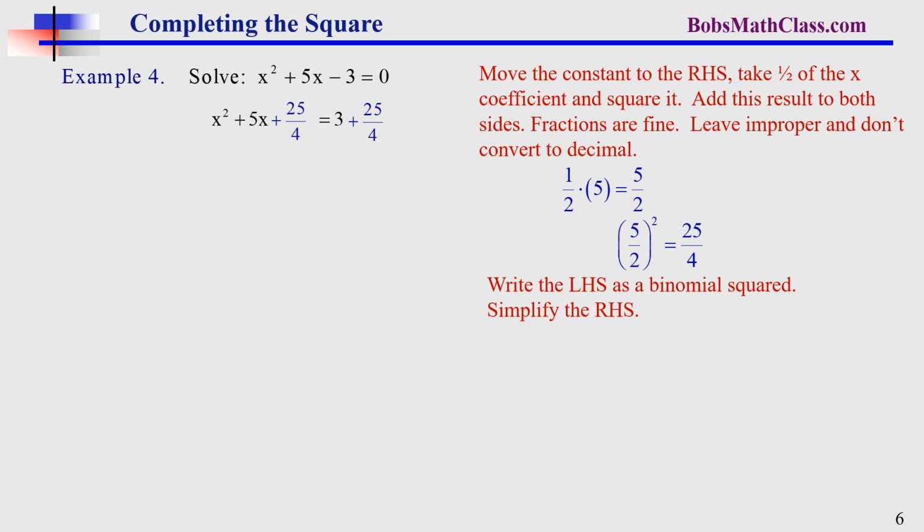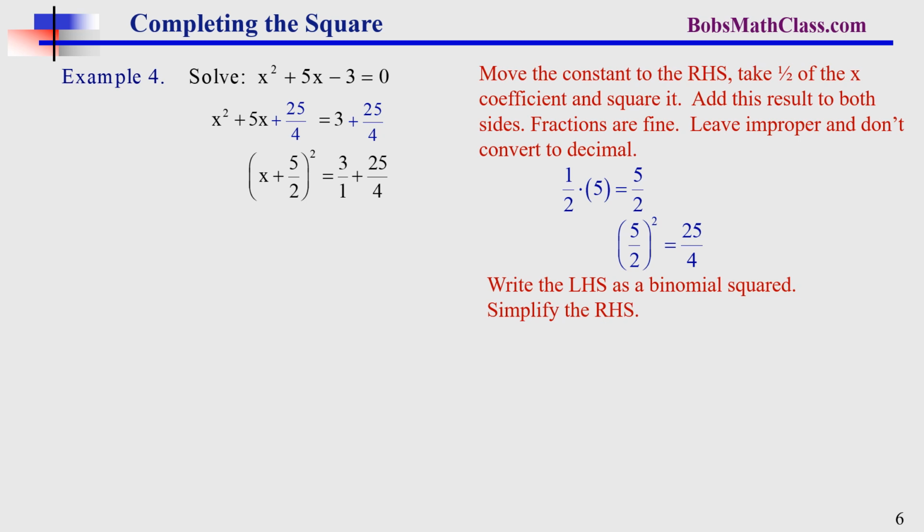Is that a positive 5/2 that we have? Or a negative? Right, it's a positive. So it's going to be x plus 5/2, all squared. Okay, so you just have to shift your eyes to the right a little bit. You already have the number that goes inside the parentheses.